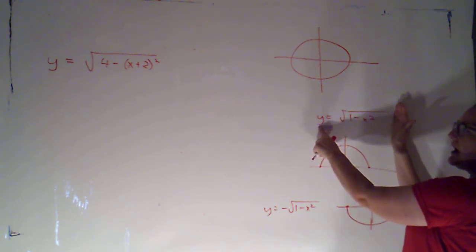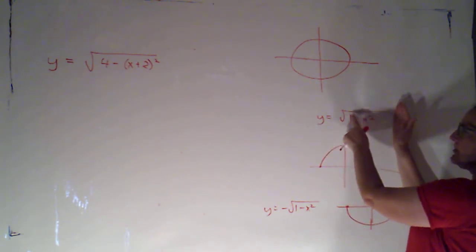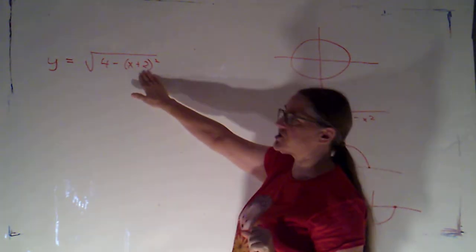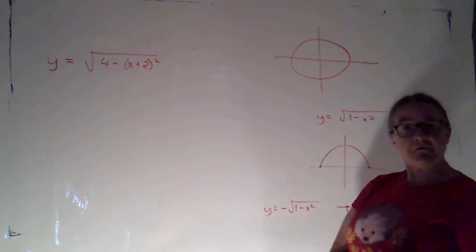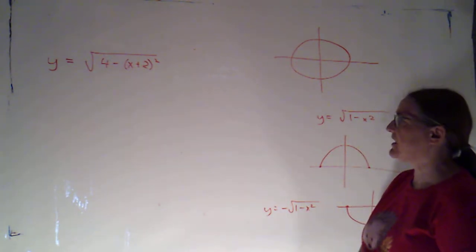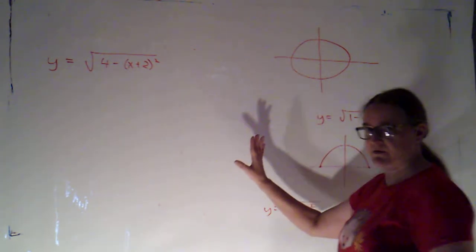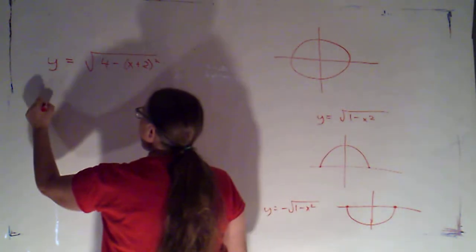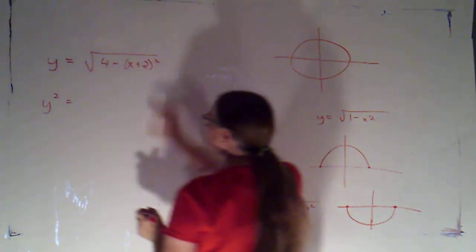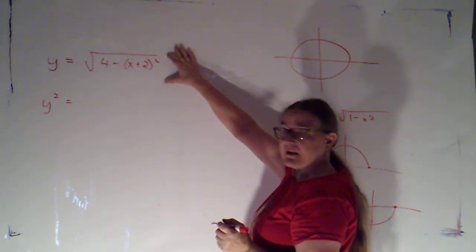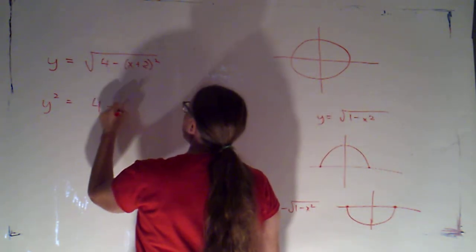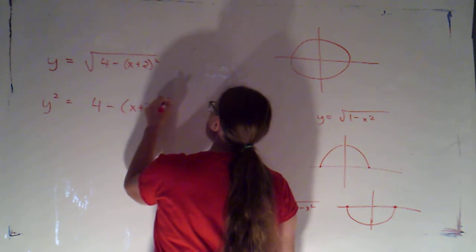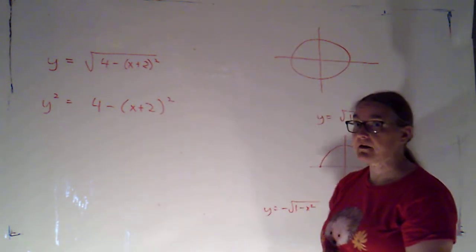I've got my y value as a square root of a number minus an expression involving some x's squared. What I'm going to do to try to figure out what that graph looks like is square both sides. So I'm going to get y squared is equal to, if I square this right-hand side, I'm just going to eliminate the radical. So it's 4 minus (x plus 2) squared.